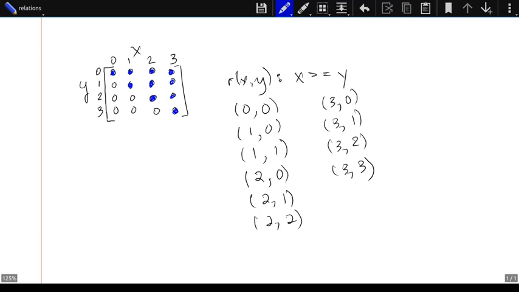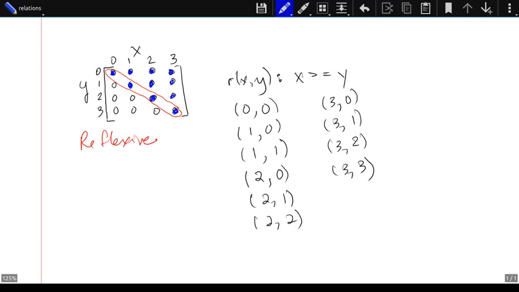Now, notice that even though we have dots filled in on the upper half of our matrix that are not filled in on the bottom half of our matrix, we still have this center diagonal filled in, and that means that it's reflexive.